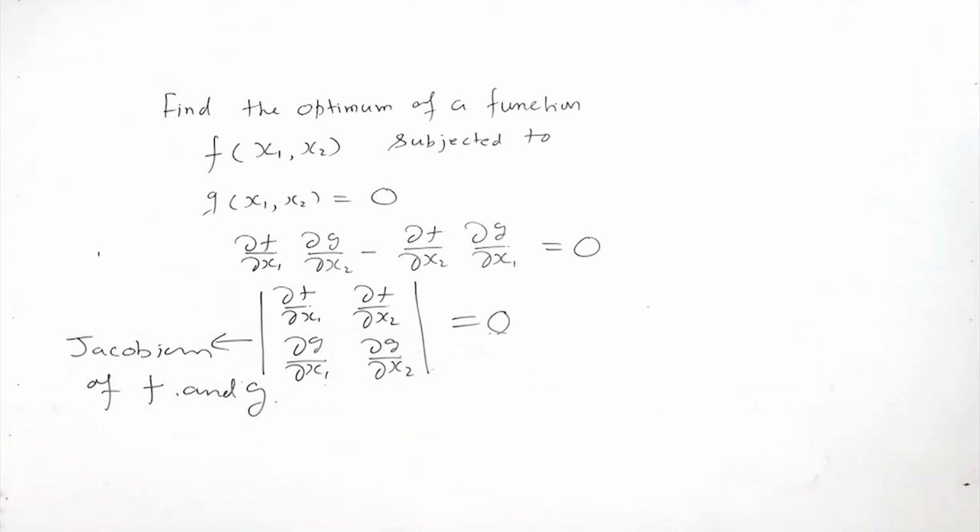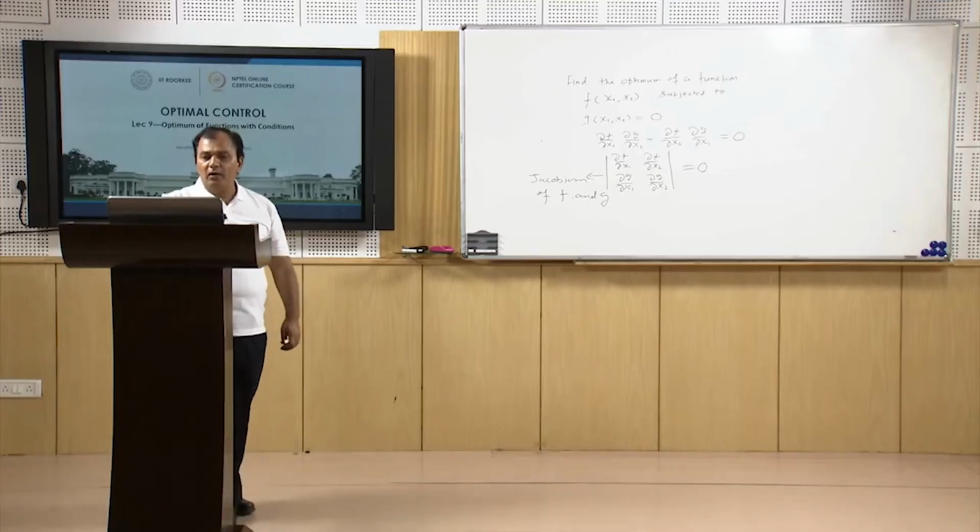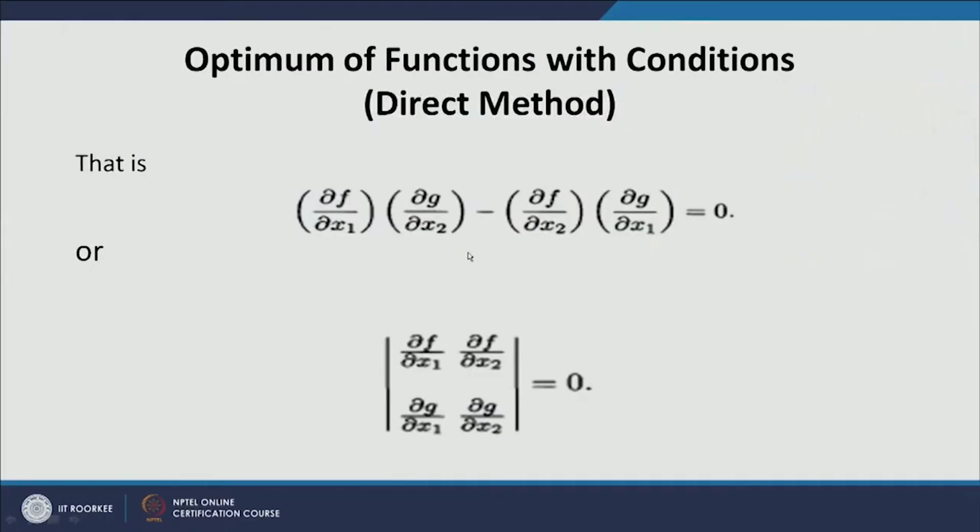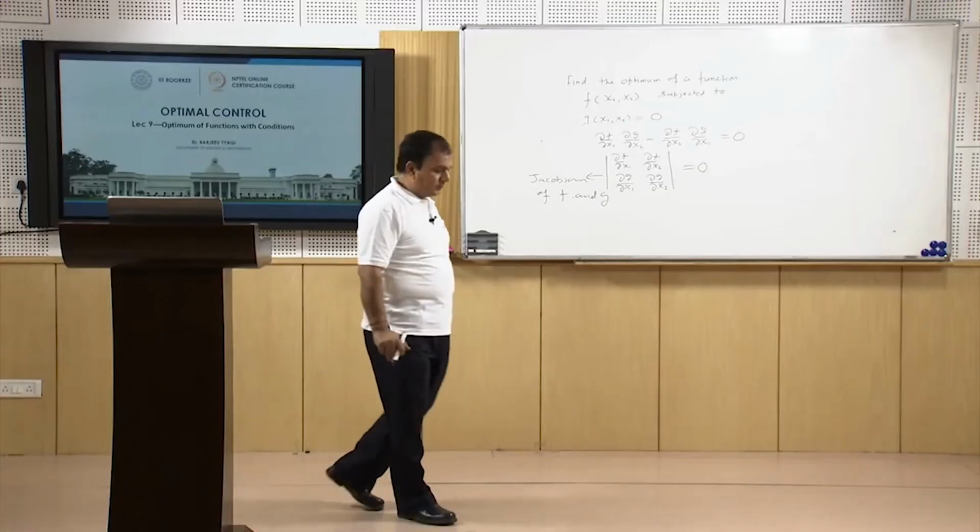So, what we are saying, my condition is coming out to be del f by del x1 del g by del x2 minus del f by del x2 del g by del x1 must be equal to 0, or the determinant of del f by del x1, del f by del x2, del g by del x1, del g by del x2, that is going to be 0.